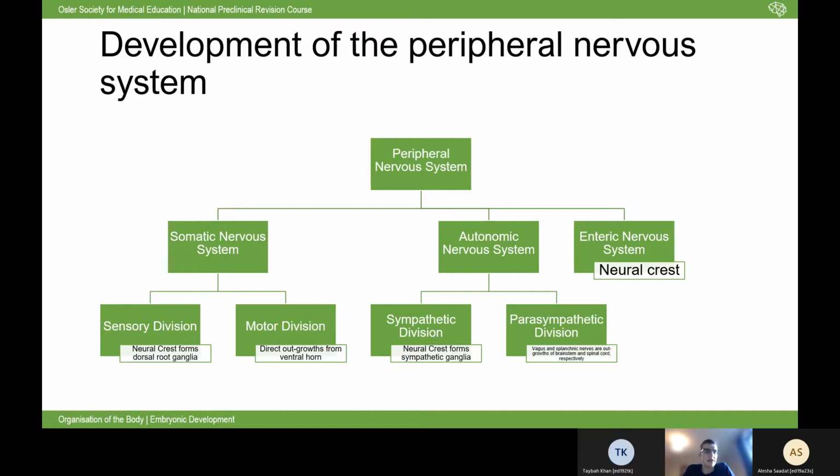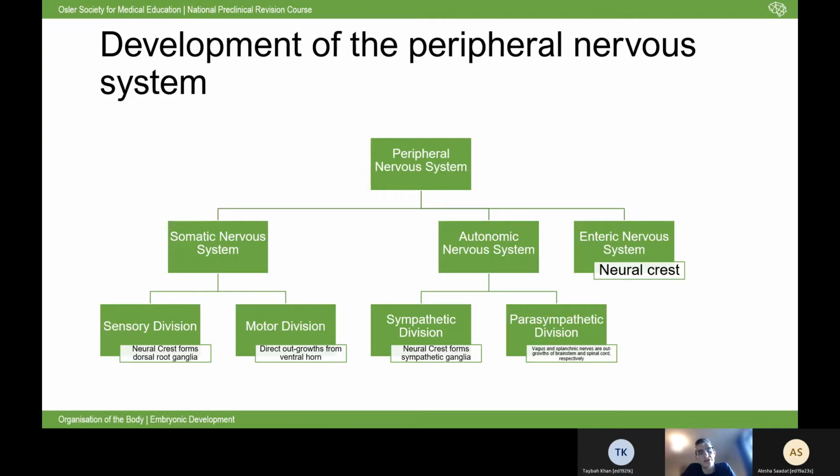By contrast, the sensory nerves form from dorsal root ganglia, which are collections of cell bodies derived from the neural crest that sit either side of the spinal cord. Remember from your anatomy that you get the cell body sitting outside the nervous system. You get short axons that dive into the dorsal horn of the spinal column, and you get long dendrites which have your peripheral sense receptors in the ends.